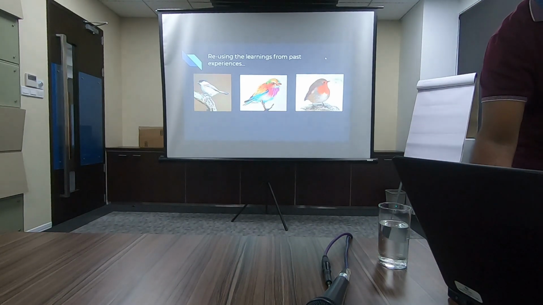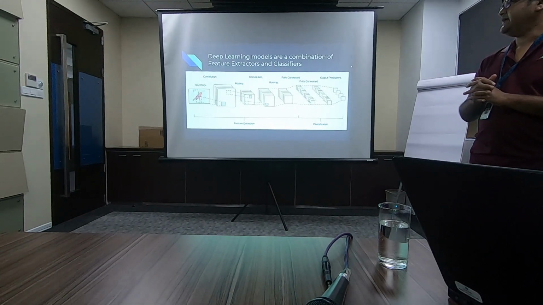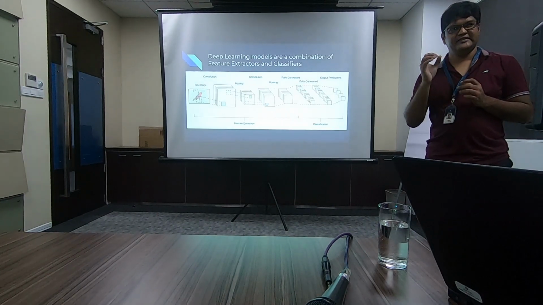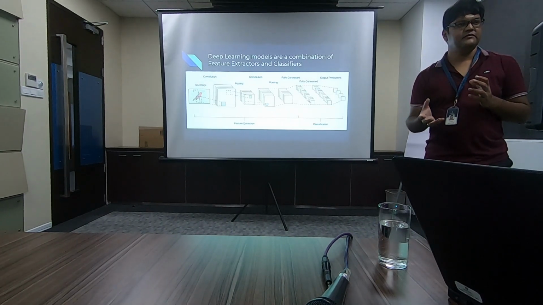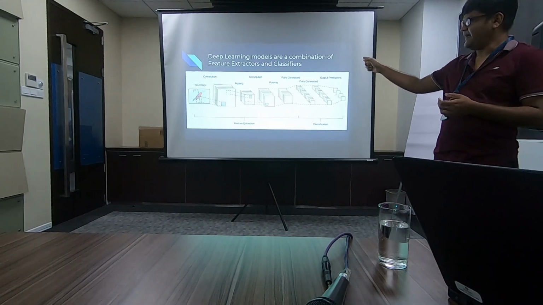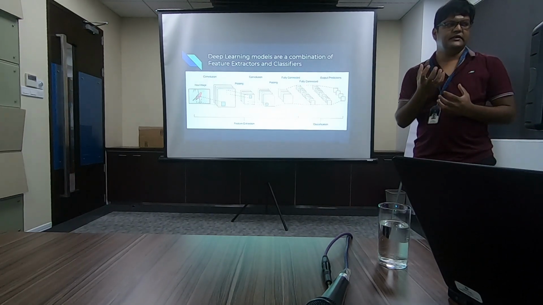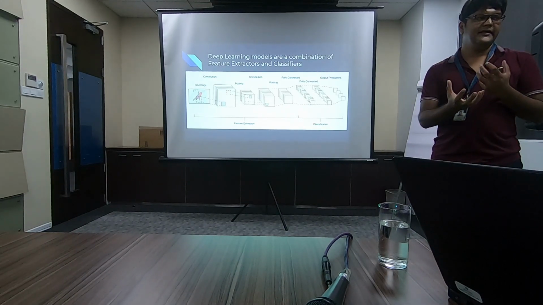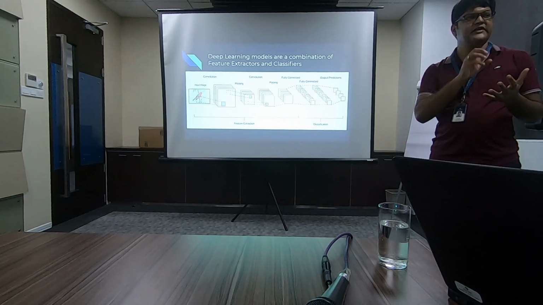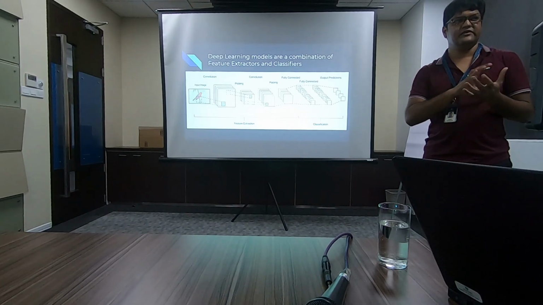So if we look at a deep learning model, because of that hierarchical feature learning technique that we use, most of the model acts as a feature extractor. It tries to look into the input, the training that we have given it, and extract the features or patterns out of them.